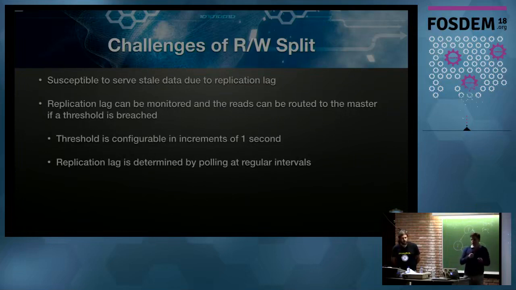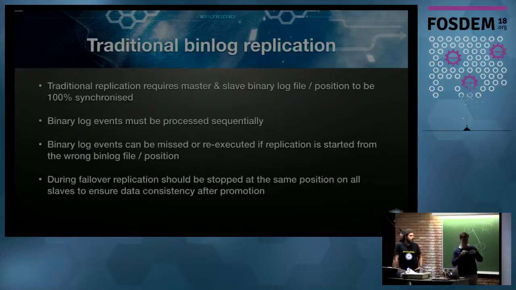So we overcome that issue, but there's still a possibility that our data will be 1 second stale. In addition to that, this monitoring happens from ProxySQL, and it's basically polling the slaves at a configurable interval which has a minimum of 1 second. So up to 2 seconds of delayed data. So we have to think about how replication works and go into a bit of detail to see how we can overcome this problem.